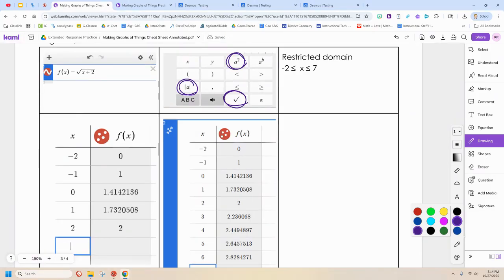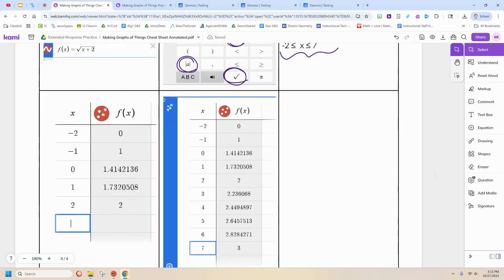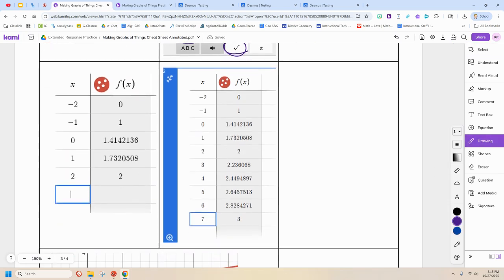We did have that restricted domain. When I put it in and look at my table, it turns out to be this first table right here. And yep, this is a great point. I love that one. This one is great. This is garbage, I don't want to try to graph that. This is garbage, I don't want to graph that.